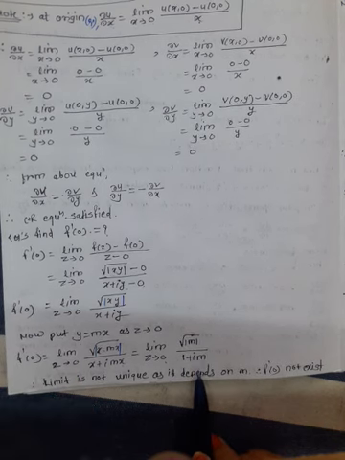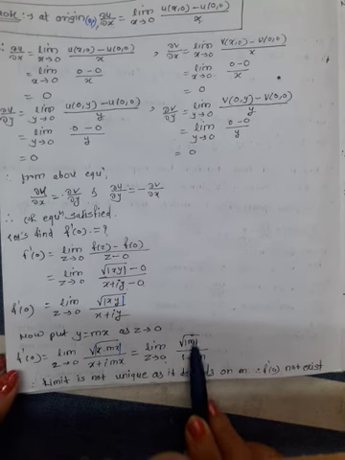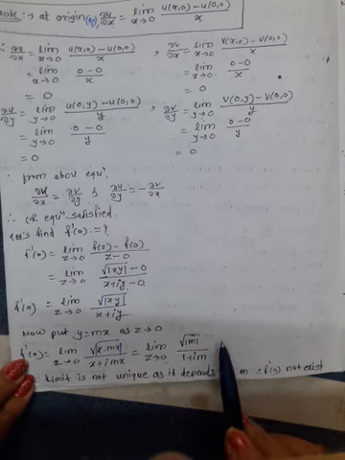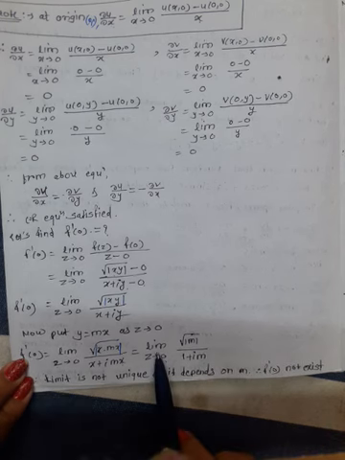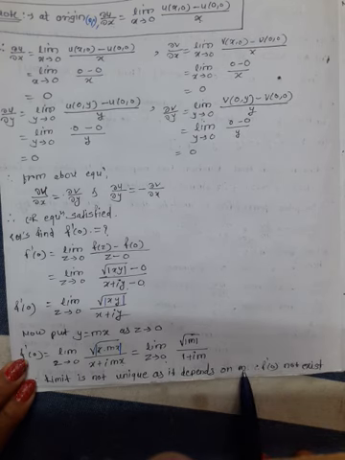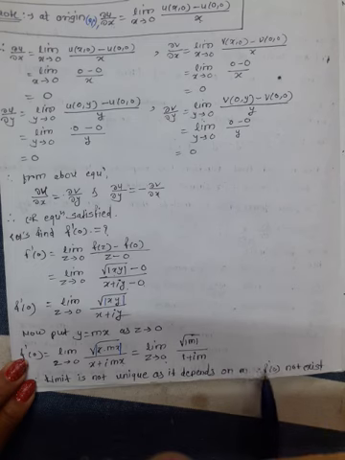Now m is a number, it is not a variable, and depending on m, the value of f dash of 0 changes. This limit is not unique as it depends on the value of m, right? That's why f dash 0 does not exist.